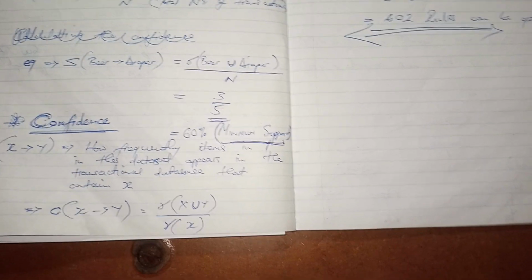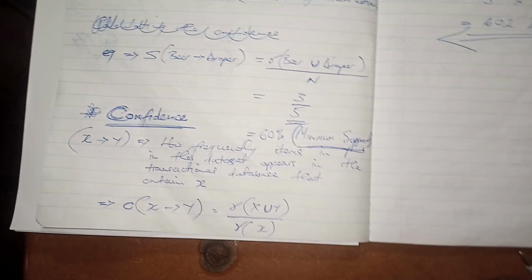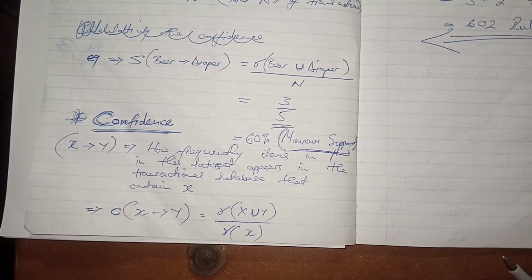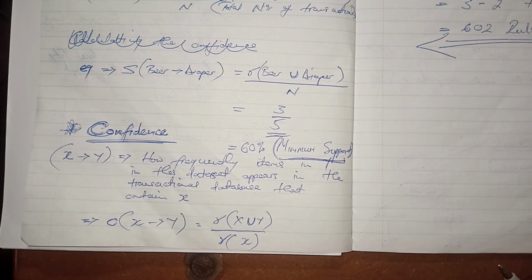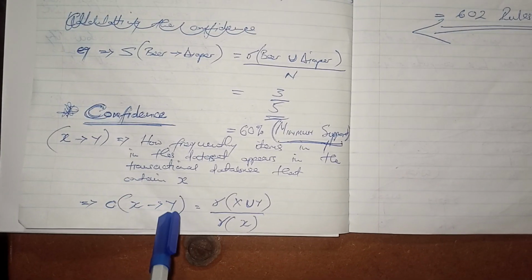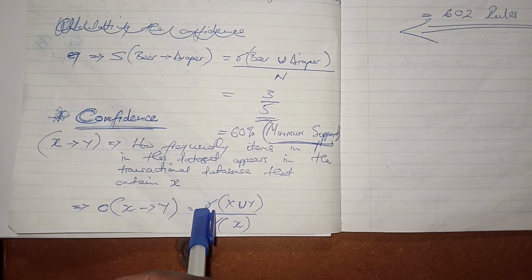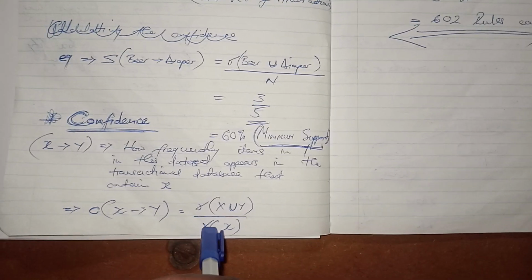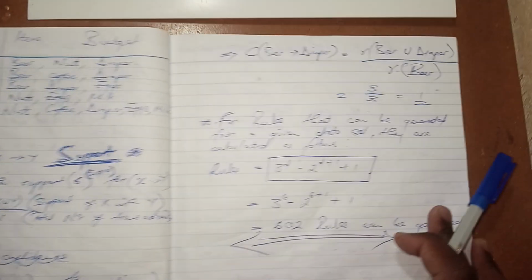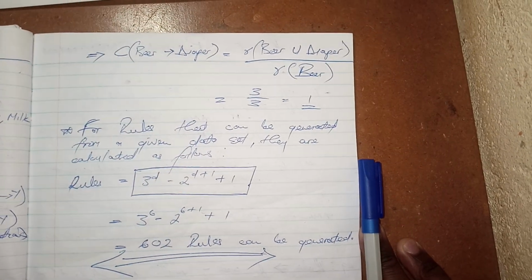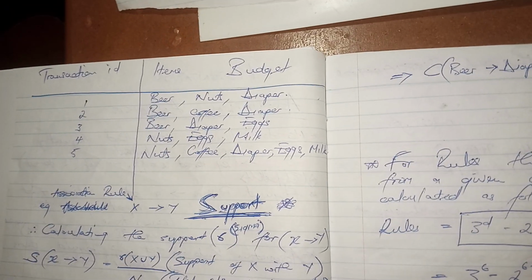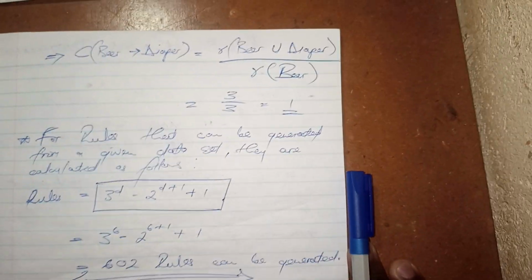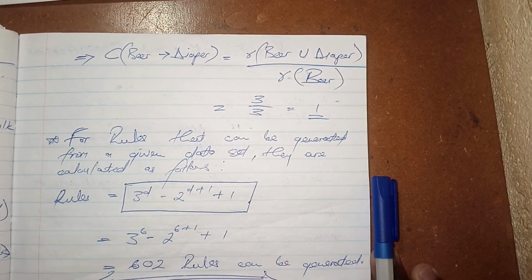Then let's move on to confidence. Confidence tells us how frequently items appear in the transactions that contain X. The confidence of X to Y is the support of X with Y over the support of X. Let's take the example of beer to diapers using the same table. It is the support of beer with diapers over the support of beer.